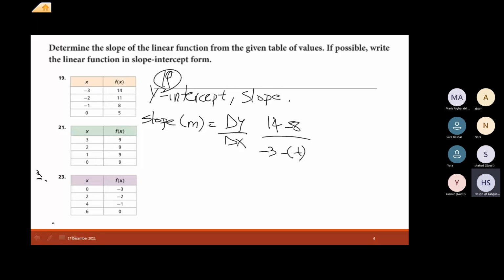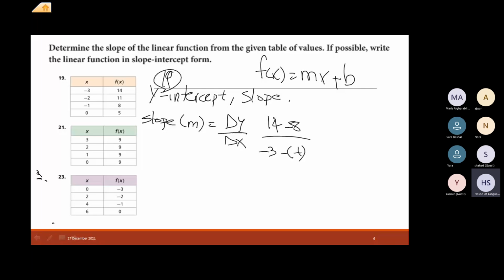How do you find the slope? Delta y over delta x. We can find it from the table, from the graph, and from the equation. Here I want to write the function in the form f of x equals mx plus b. I have a table, so from the table I can find the slope.